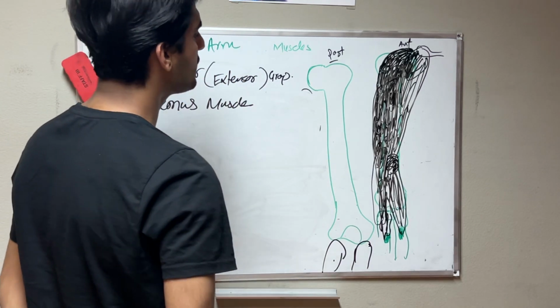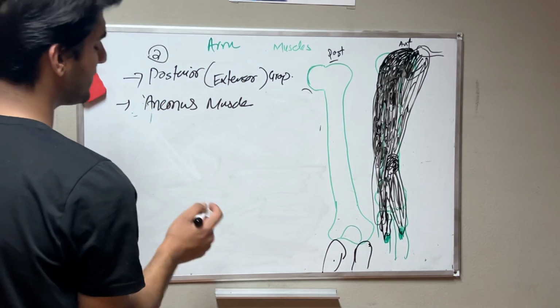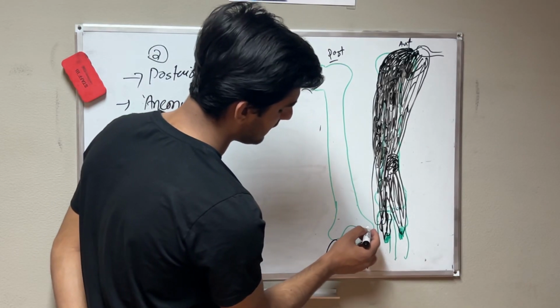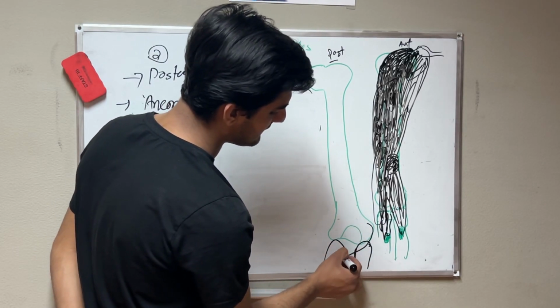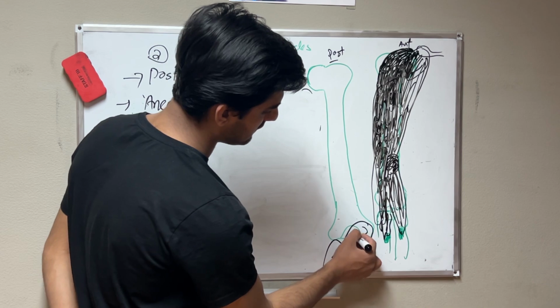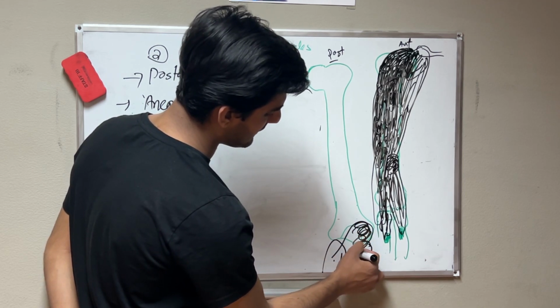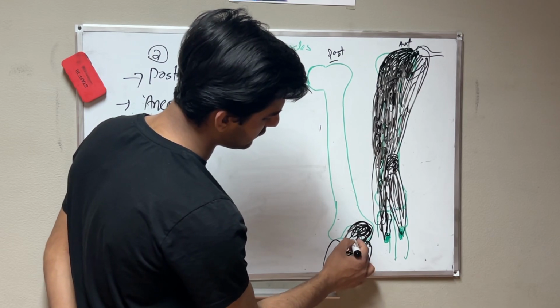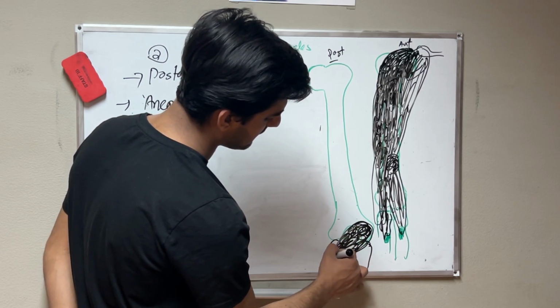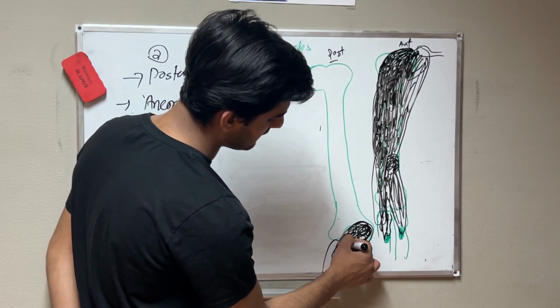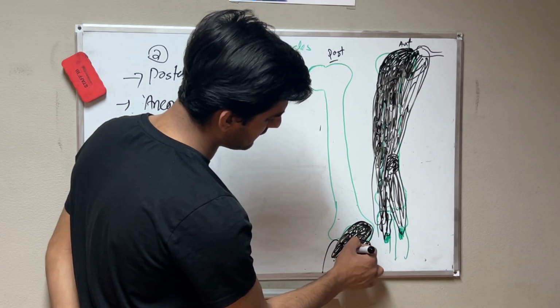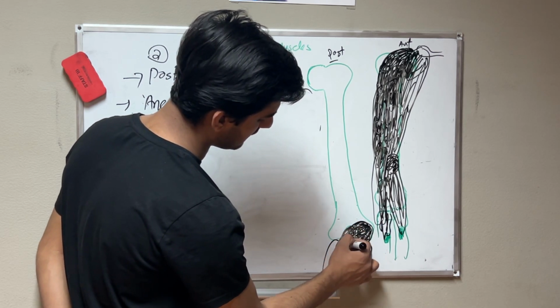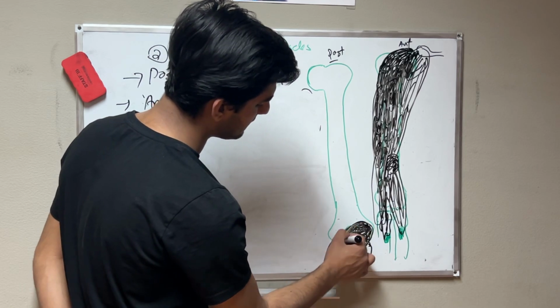The anconeus muscle originates from the lateral epicondyle of the humerus and is inserted into the ulna.